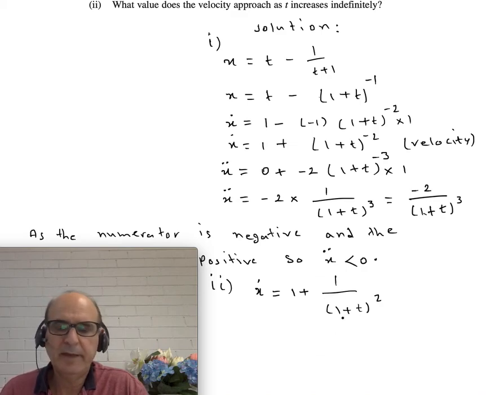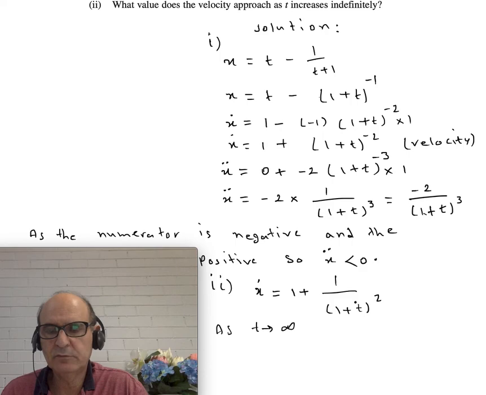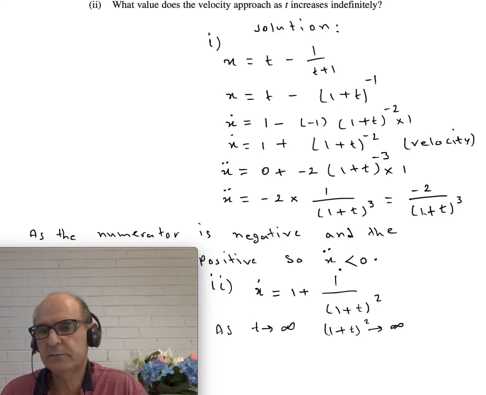All right, as the time goes to infinity, this value goes to infinity, 1 plus t. So t is infinity plus 1 approaches infinity, and infinity squared is infinity. So (1 plus t) squared goes to infinity. And you know that if the denominator of a fraction is a very large value, the whole fraction becomes 0, approaches 0.